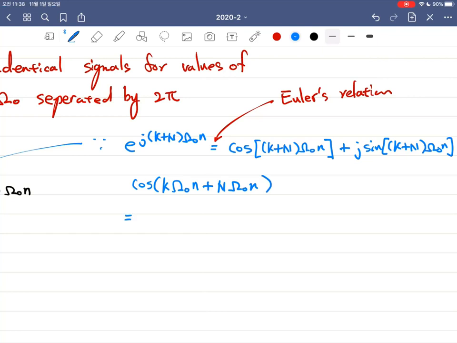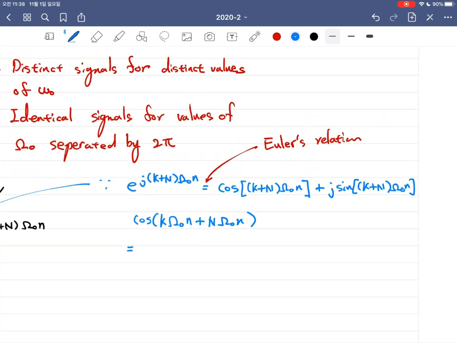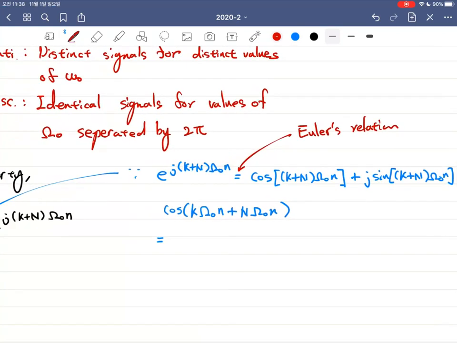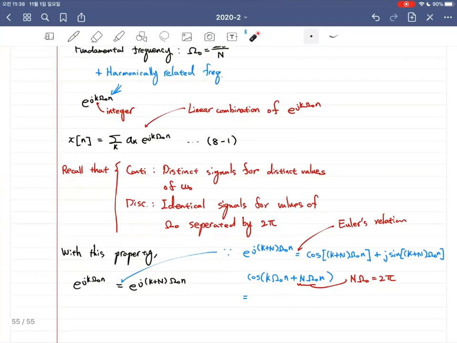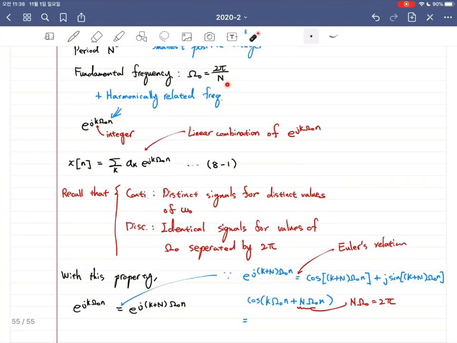And I can treat this N times omega 0 as 2 pi because of this relationship between the period and the fundamental frequency. If you carry this large N to the left-hand side, you will get this equation.